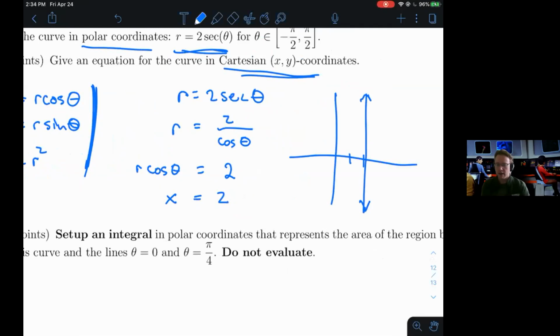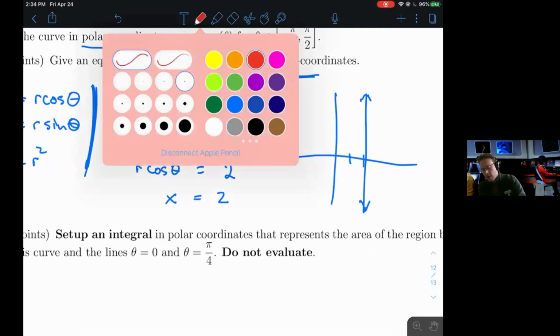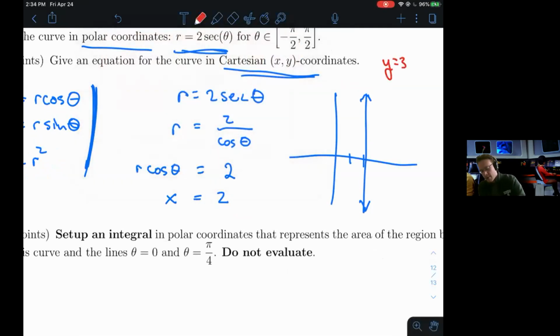There are plenty like this one that just has x's, or you've certainly seen things like y equals 3, which is just a nice horizontal line at height 3. So this would be another perfectly fine Cartesian equation. It just doesn't happen to have any x's in it. So even though it's allowed to have x's and y's, it doesn't need to have both. In this case, the fact that it only has x's shouldn't be that alarming.